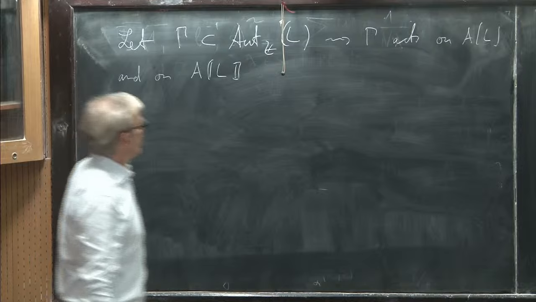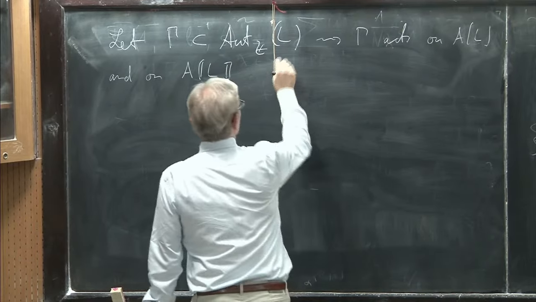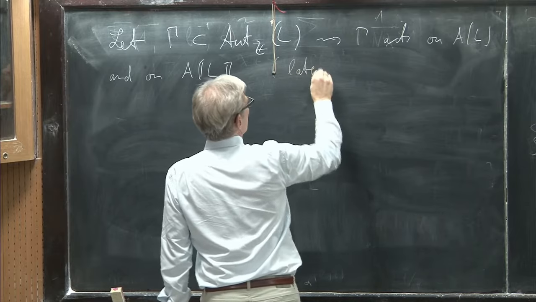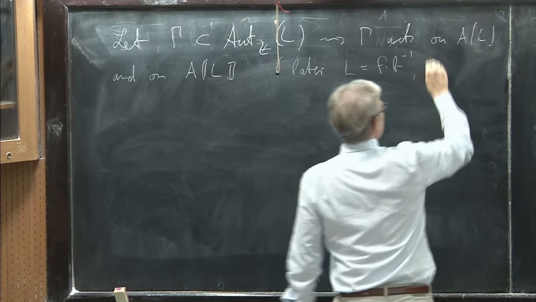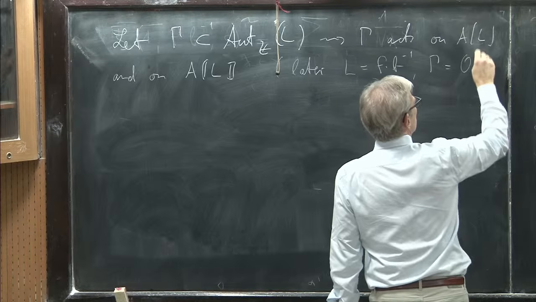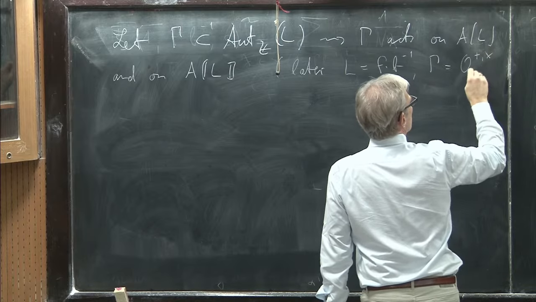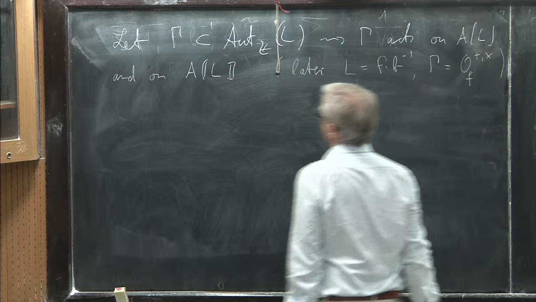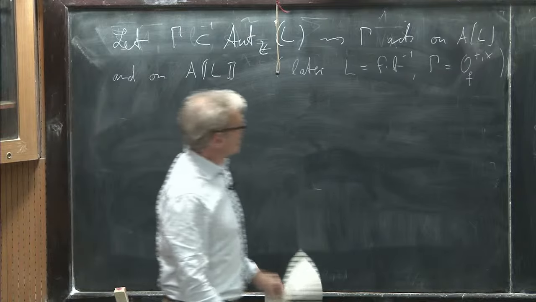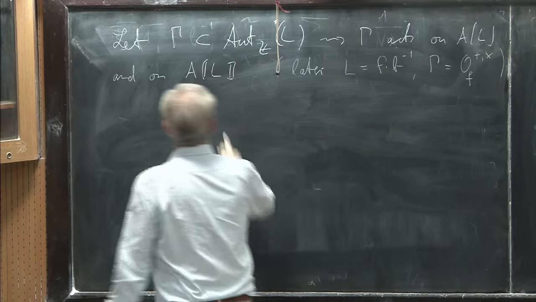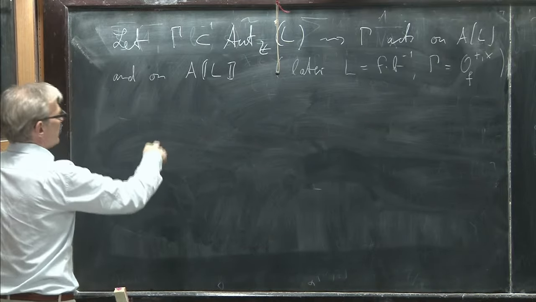And so later we will consider simply the following. As I said, L will be F times B inverse, and gamma will be just the units. So gamma acts on that, and L also acts on that. That's clear.